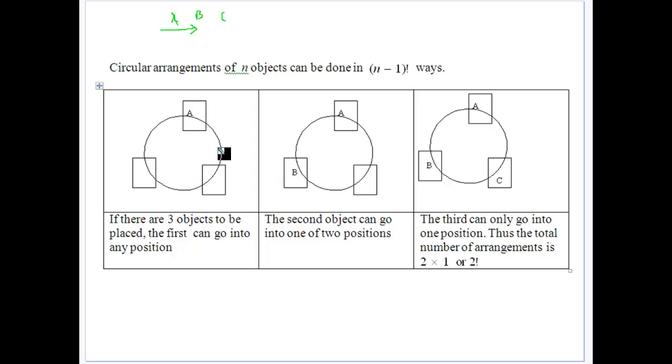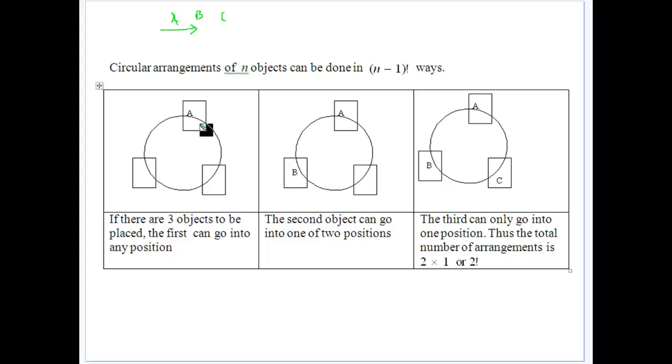A circle doesn't begin and end at a particular spot until we start to put an element in. So once we've put an element in, now we've got a beginning, but that's one element already gone in. So if we've got 3 objects to go in, and we put one in there, then the second one has a choice of 2 spots to go in.